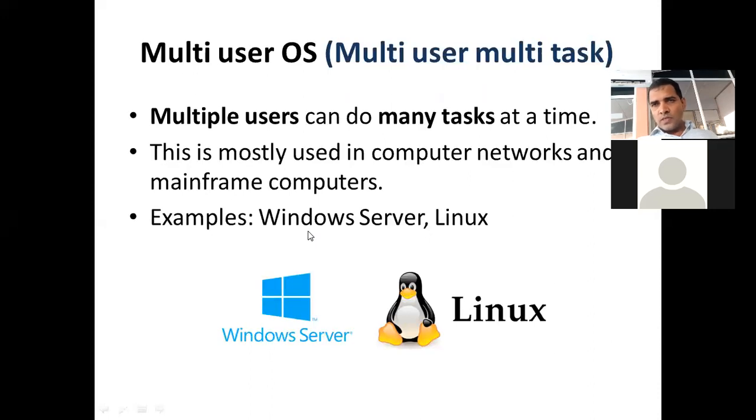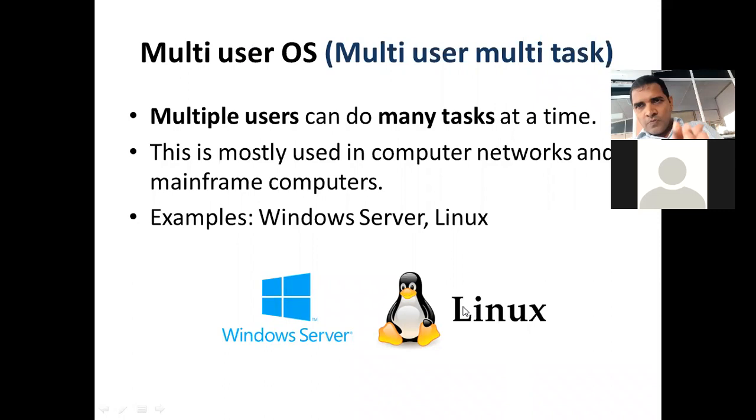Sometimes it may be a little more expensive than the others. Yes, it is licensed software. It is slightly expensive. And Linux, right? Initially Linux was developed for network purposes, right? Multi-user, multitask. This is the Windows Server logo. This is the Linux logo, right?